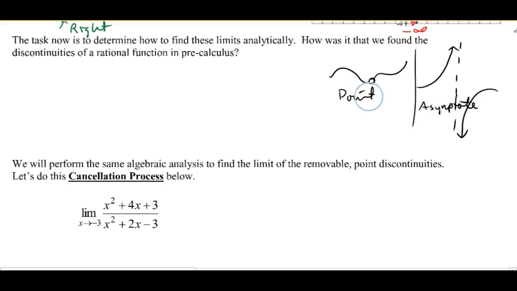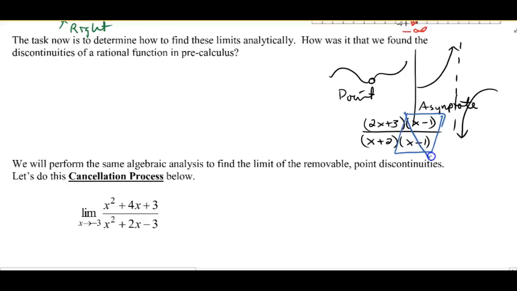And what these look like is my point discontinuity is where I have some factor. Maybe I factor this out and I get 2x plus 3 times x minus 1 over x plus 2 times x minus 1. And for this function, I would have a point discontinuity where my factor in the denominator would cancel.